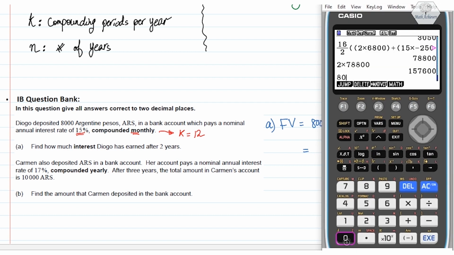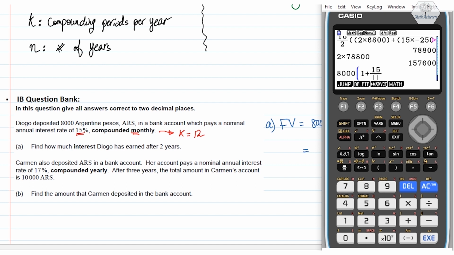It's 8,000 times (1 plus 15 over 12 times 100) to the power of 12 times 2.